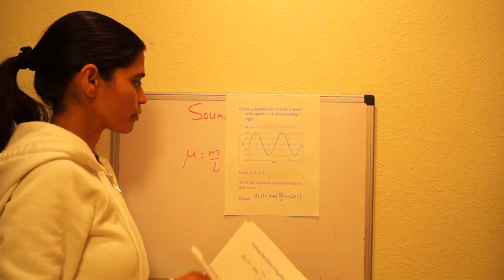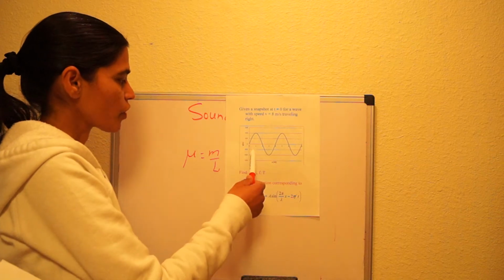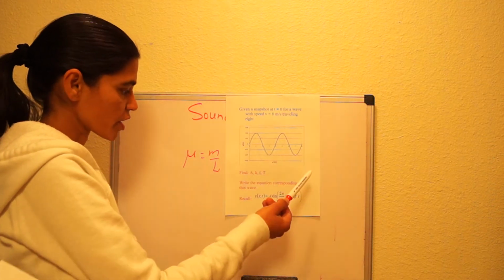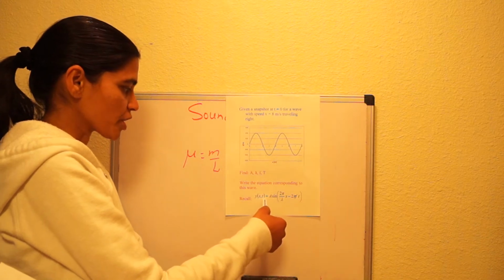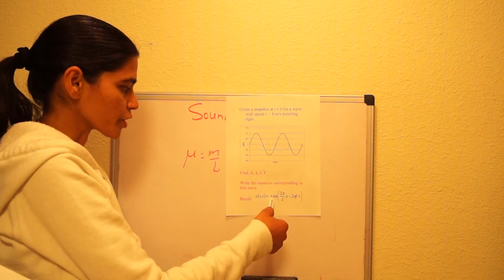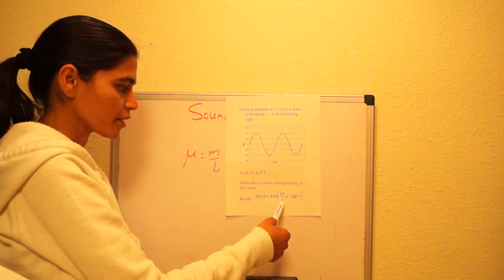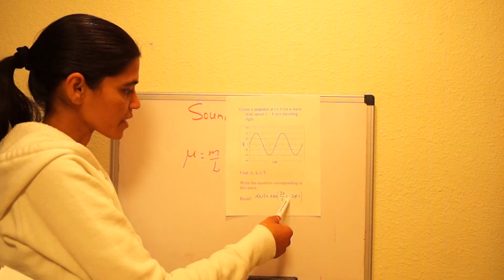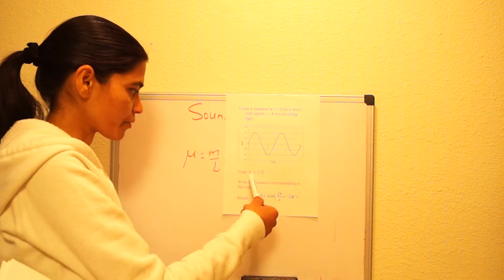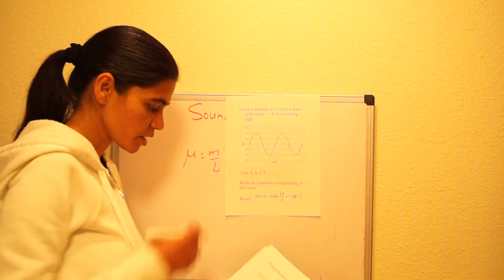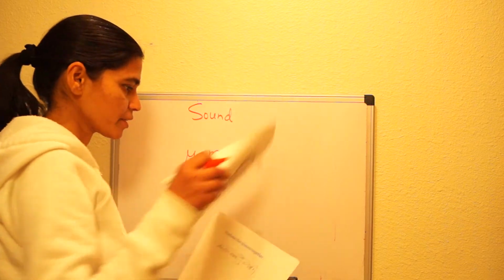So we also wrote the mathematical function that fit this curve, and we found that this is a function of both the position and time, y(x,t) equal to A sin(2π/λ times x minus 2πft). Okay, and then you guys also remember you found A, lambda, f, and T. So that's what we did.